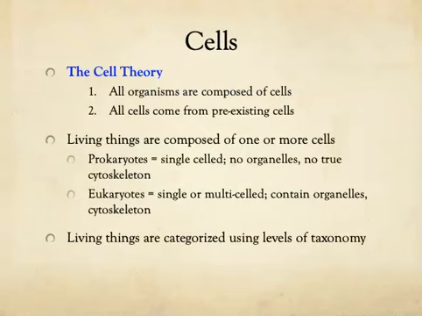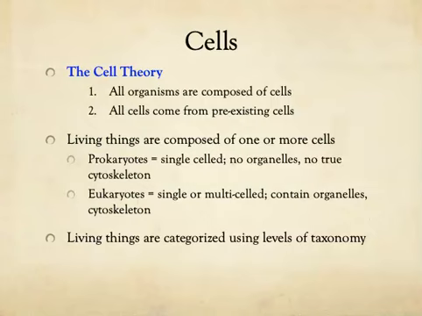Now, Hooke and Leeuwenhoek were not the only scientists who were working on discovering and describing these subunits called cells. Many other scientists were working at the same time, and throughout the 17th, 18th, and even into the 19th centuries, all of these scientists together formed what we now refer to as the cell theory.